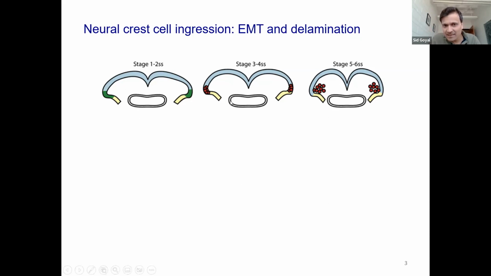This cartoon shows the mouse, and these green parts are where the neural crest cells are defined. There are lots of genetic markers which define them. They have particular gene expression profiles, and then these cells stream inside. They go into the mesoderm and form structures.